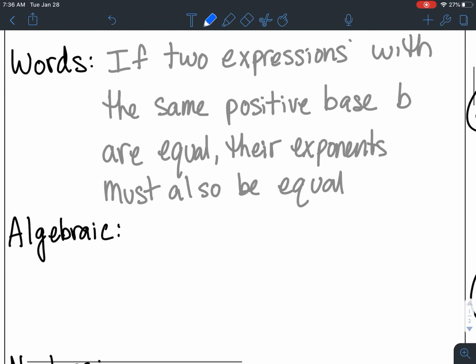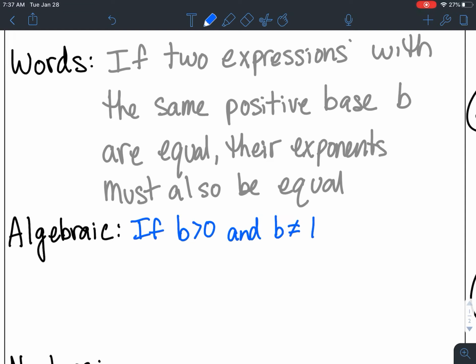So what that means algebraically, if I was going to write this out, this gets a little complicated, and that's where the number example will hopefully make a little bit more sense. Algebraically, we have that if b is bigger than 0, so it can't be 0, and it can't be 1, those are my 2 requirements for my base in an exponential function.